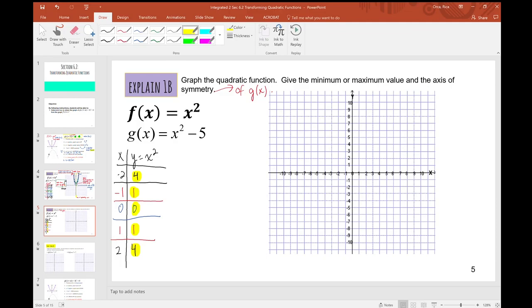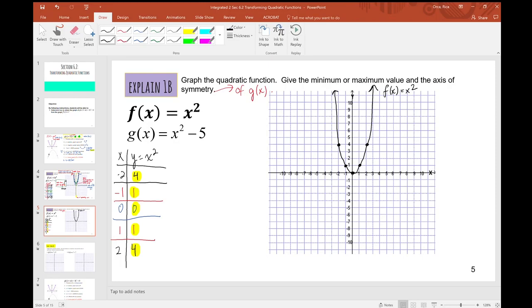Let's plot our points. -2, 4, -1, 1, 0, 0, 1, 1, 2, 4. Draw the curve. Label the graph f of x equals x squared.